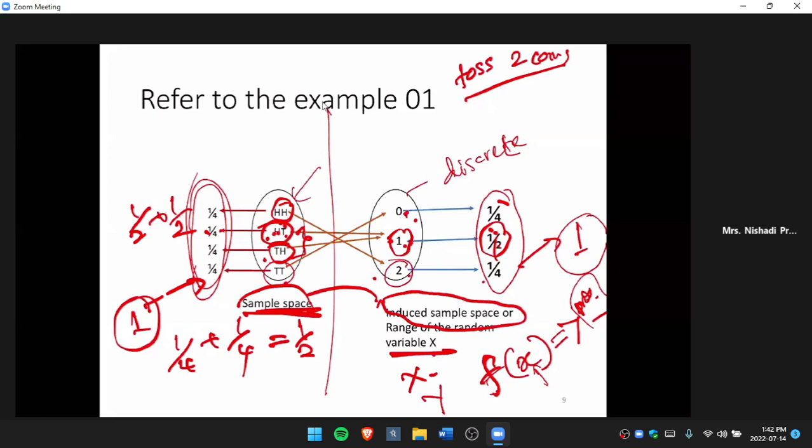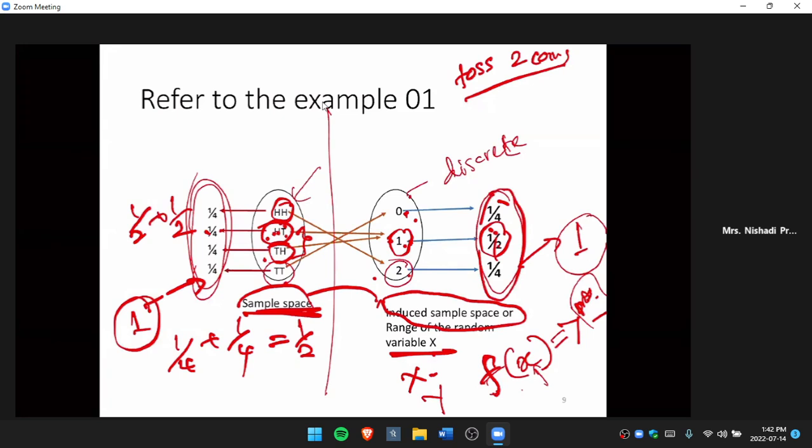Understand? It's a mathematical function. So this is called probability distribution. Using this probability distribution function, we can find these probabilities of the random variable.